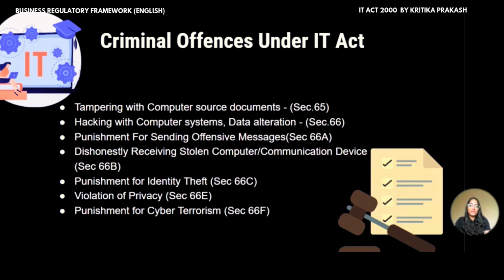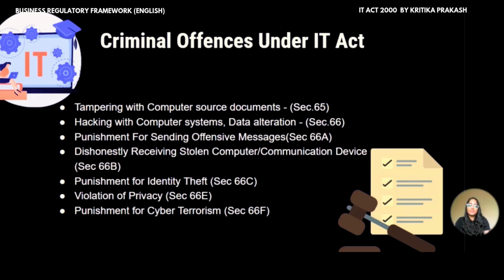Offensive messages are messages sent in the name of a particular person or an organization which harm the goodwill of a firm, an organization or an individual, and that is a criminal offence under the IT Act. Stealing someone's identity is punishable as identity theft. Violating someone's privacy, an organization's privacy or an individual's privacy, is a criminal offence.